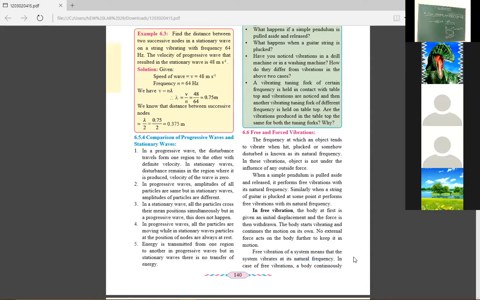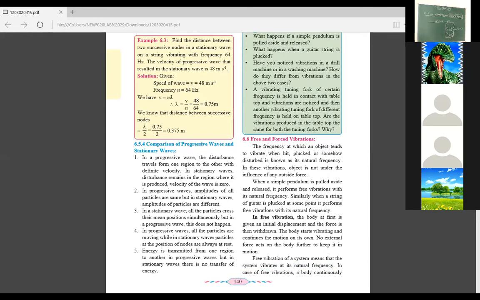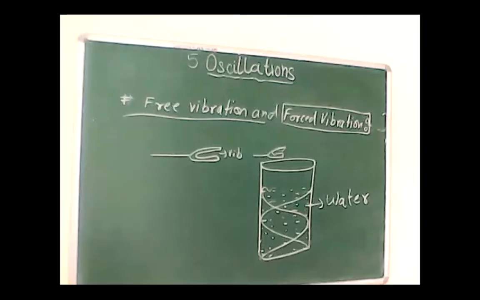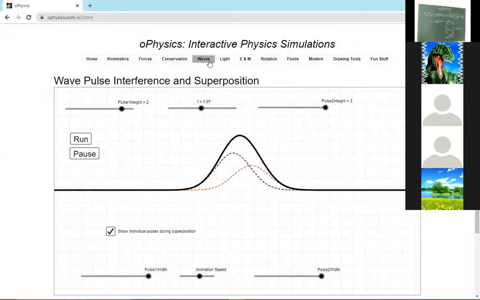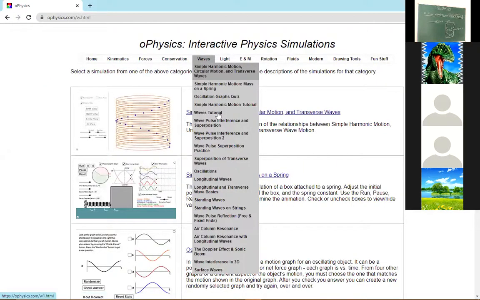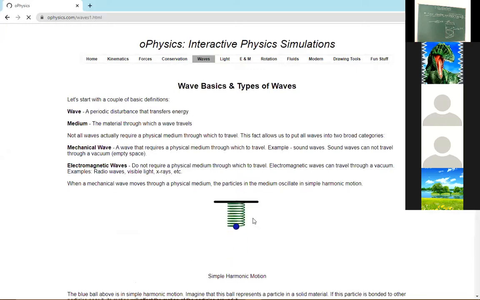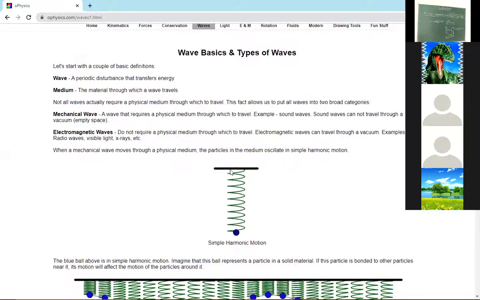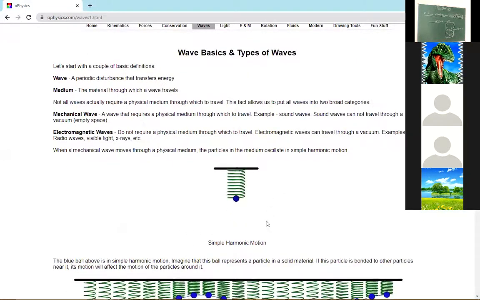Let me show you an example. Here you can see the example of free vibration.